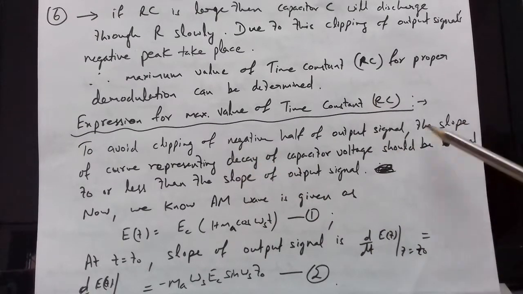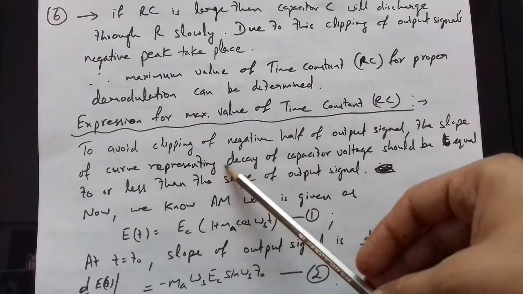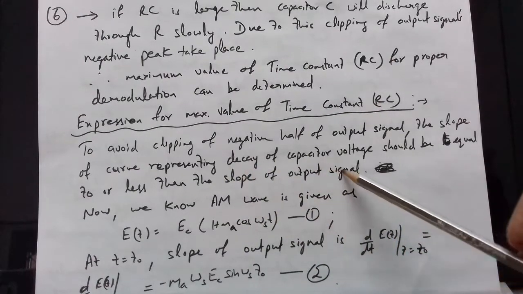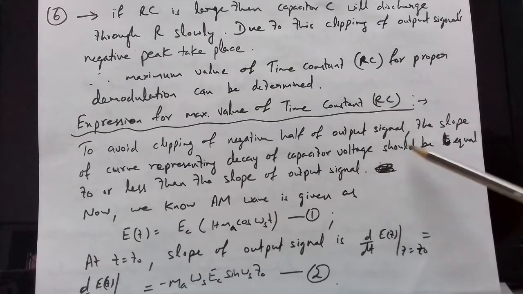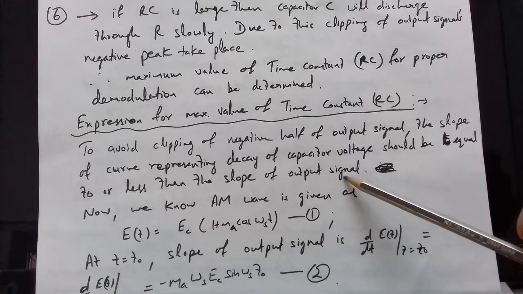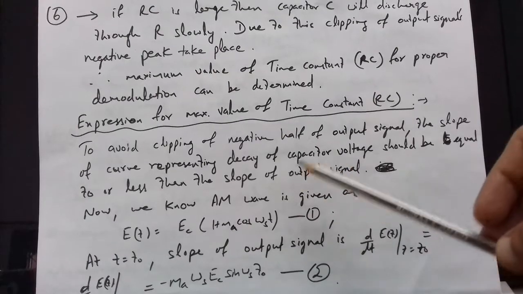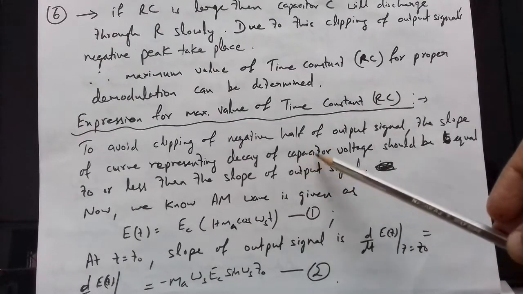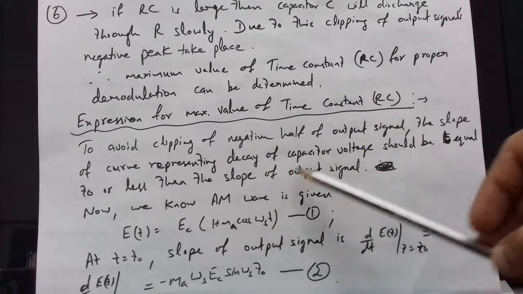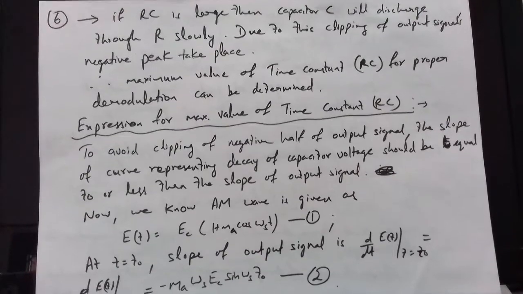The slope of the curve which shows the discharging of the capacitor voltage should be equal to or less than the slope of the output signal. So the slope of the capacitor discharge should be less than or equal to the slope of the output signal.